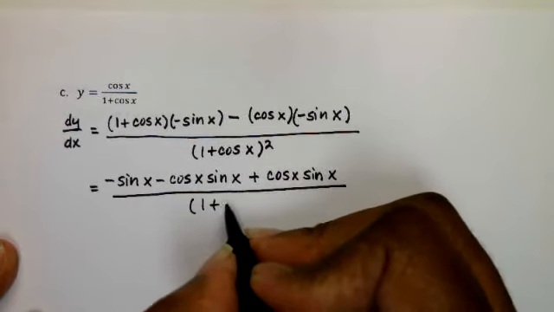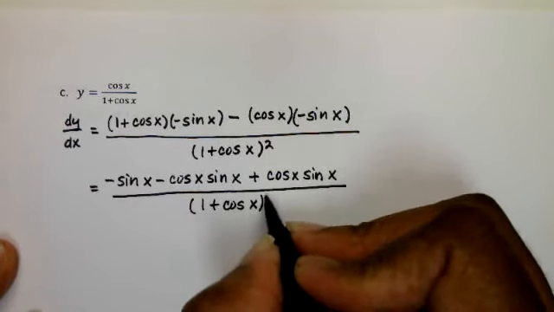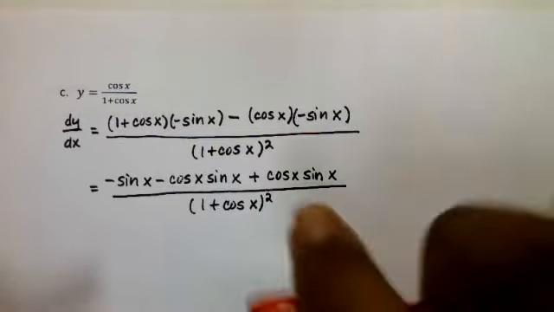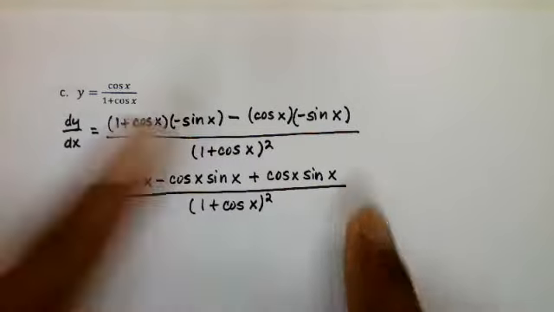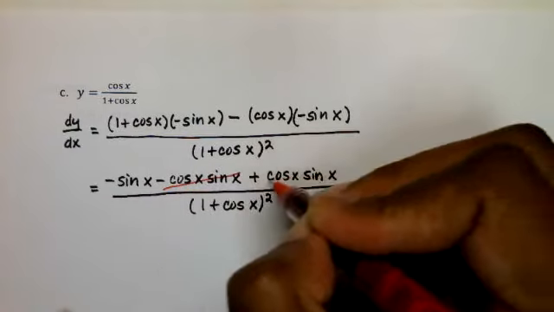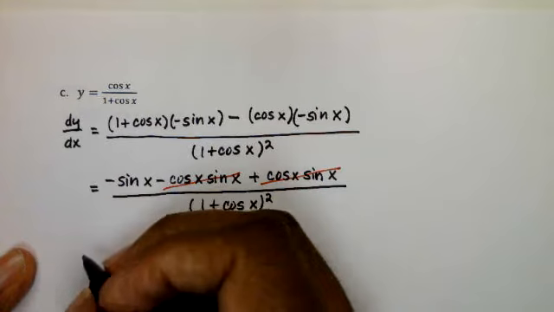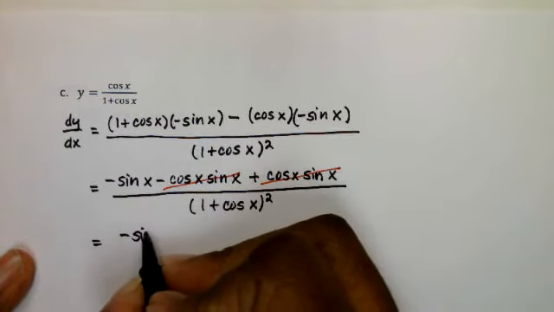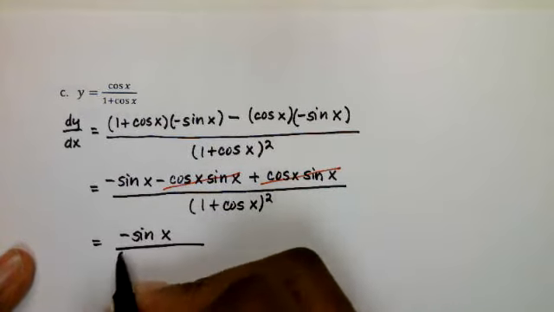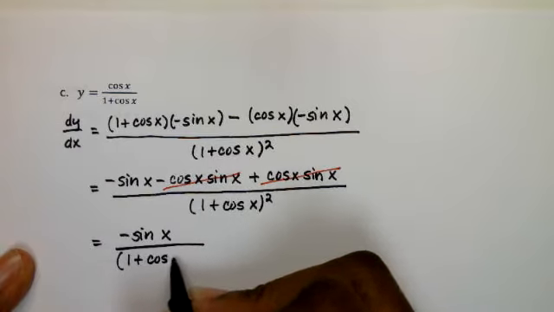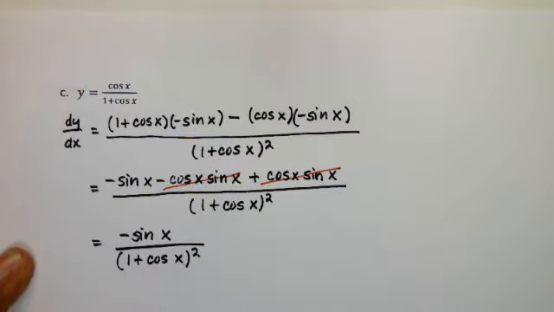All that's divided by 1 plus cosine of x, quantity squared. Notice that minus cosine x sine x and plus cosine x sine x add to 0. That's gone. All you're left with in the numerator is negative sine of x. And that would be the final answer for the derivative of y: negative sine of x divided by the quantity 1 plus cosine of x, squared.